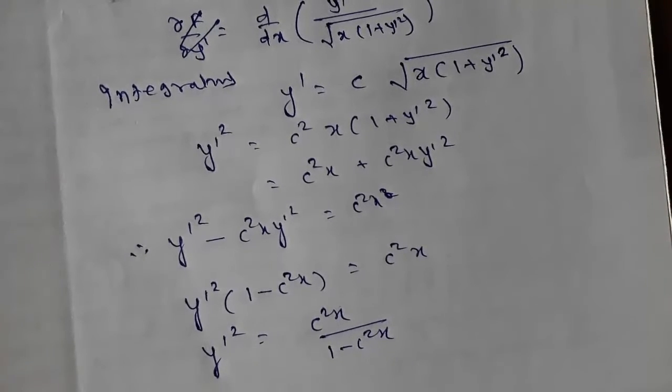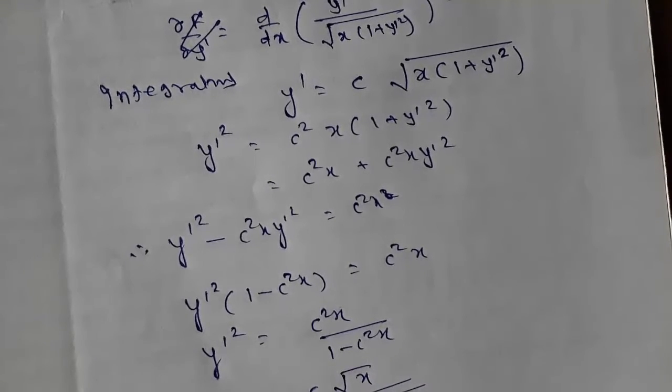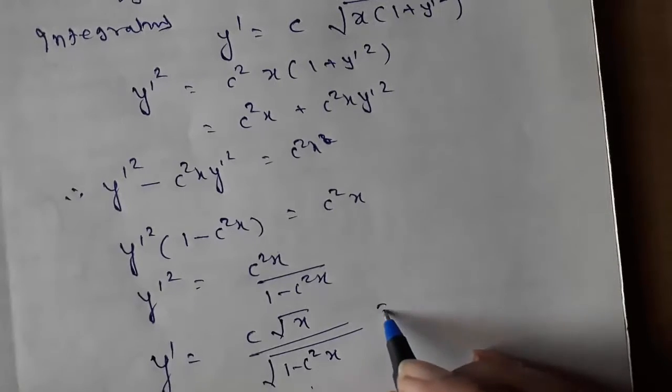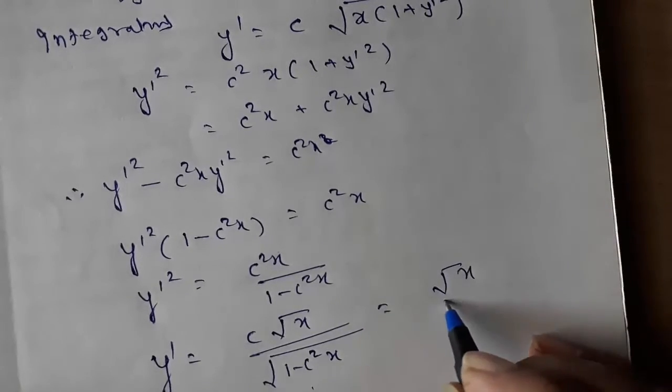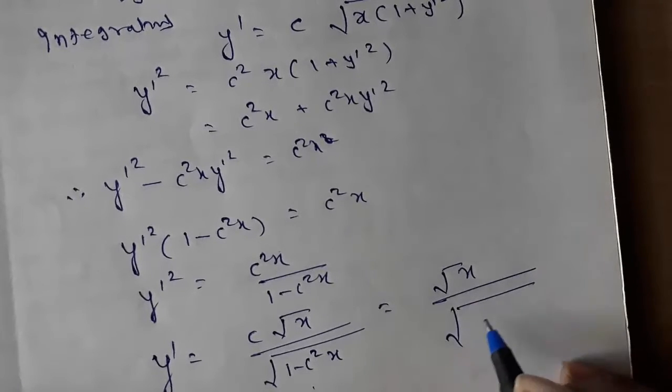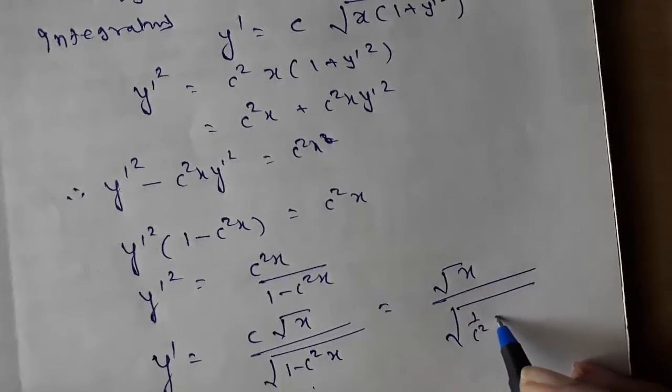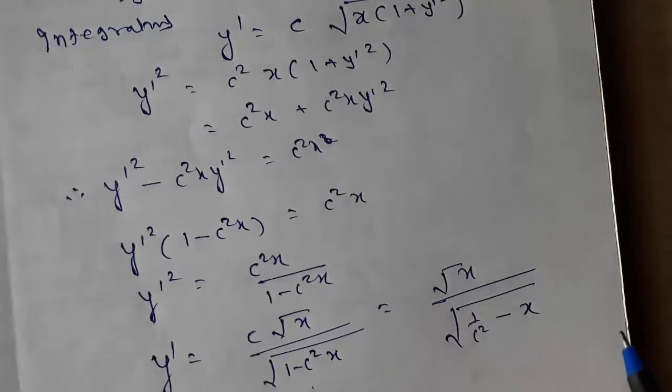Therefore y dash equal to c into root x divided by root of 1 minus c square x, which can be written as root x divided by root of 1 by c square minus x.